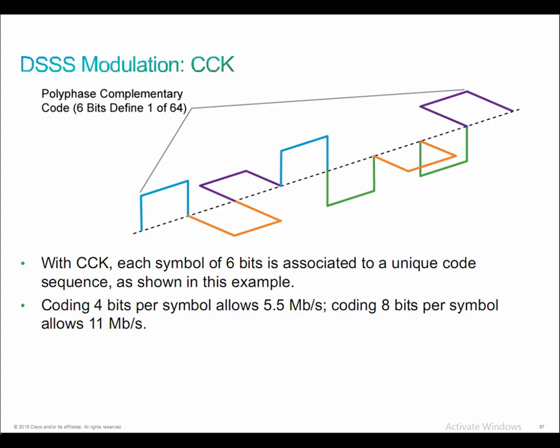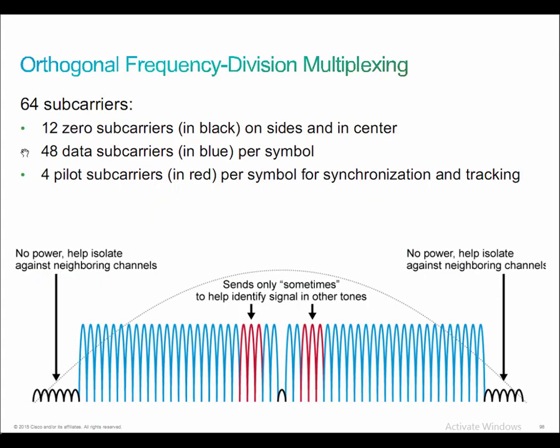Now we get into what we call orthogonal frequency division multiplexing. Now, OFDM, which is really the modern modulation technique that we see today in wireless networks. It stands for orthogonal frequency division multiplexing.